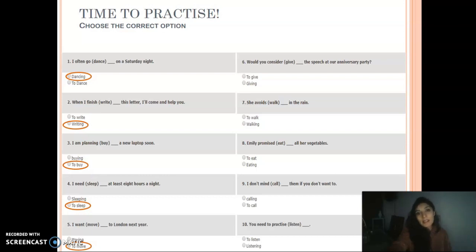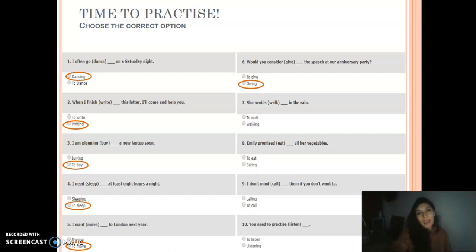The next exercise says, would you consider to give or giving the speech at our anniversary party? Would you consider giving the speech at our anniversary party? The correct answer is giving. So then we have, she avoids to walk or walking in the rain.